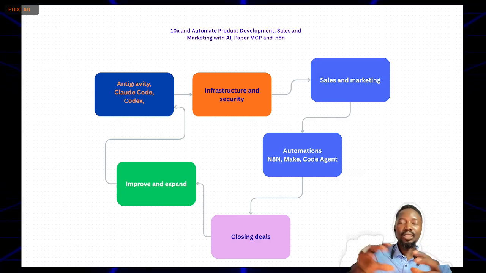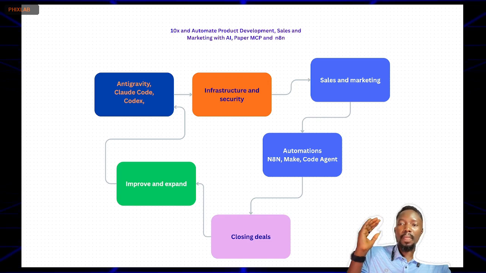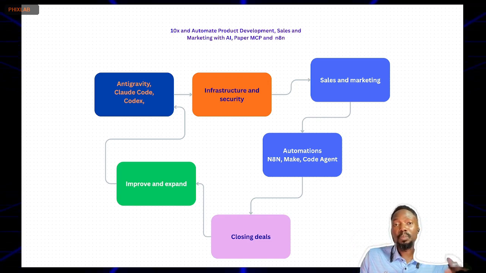And that's why this video is going to be very encompassing, because I'm going to be talking about how to do all of these things end to end with AI leverage, of course, and that's what this video is about. So infrastructure is just part of the flow, and I'm not going to talk about infrastructure in this video. I'm probably going to make another video on how to secure your infrastructure, especially if you're not using any of the cloud services, like you don't have the funds to be on AWS or Google Cloud.